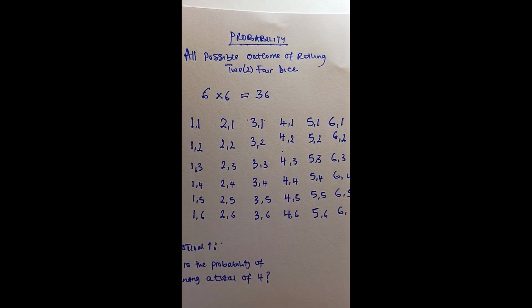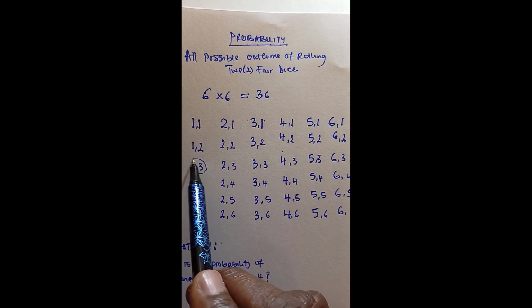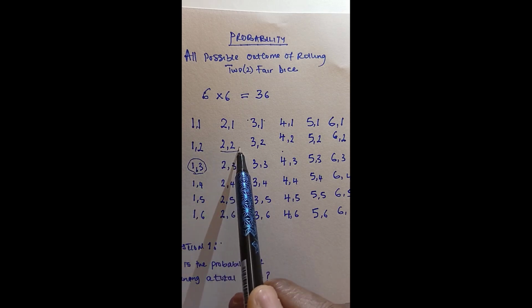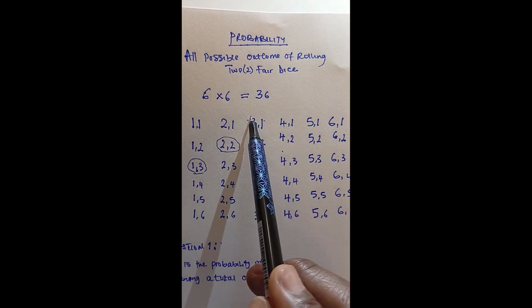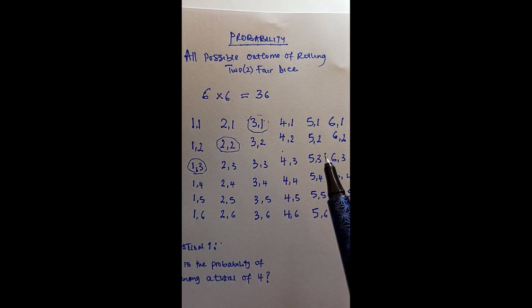So we have 3 chances of obtaining 4 from this sample space. Now let's cycle it to see what we need. So 1 and 3 is going to give us what? 4. So this is one chance. 2 and 2 is going to give us 4, another chance. 3 and 1 is another chance also.